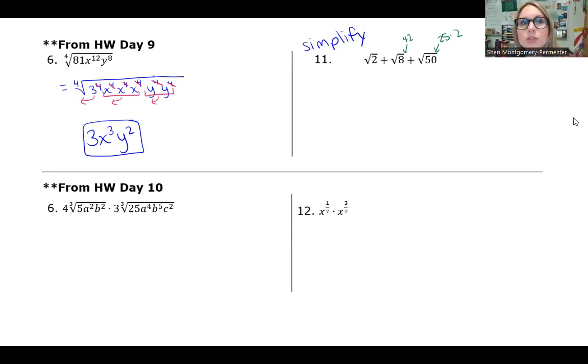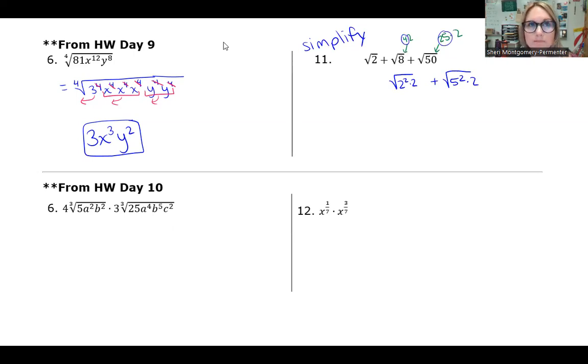4 is important because 4 can be rewritten as 2 squared, times 2. And then 25 is important because 25 can be rewritten as 5 squared. So all I did was rewrite the 4 and rewrite the 25.